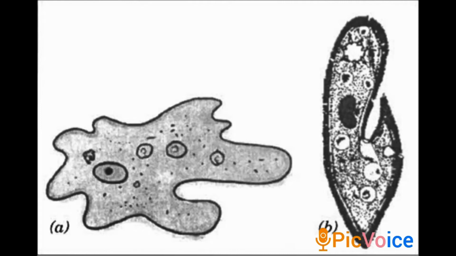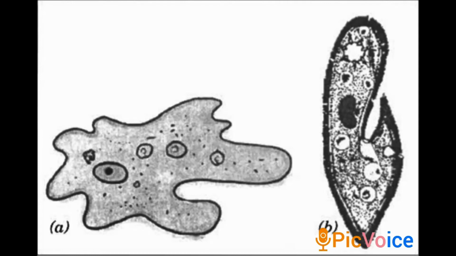Like the multicellular organism, a single celled organism, that is amoeba or paramecium, also performs all the necessary functions that the multicellular organism performs. For example, an amoeba first captures and digests food, then respires, excretes, grows and reproduces.